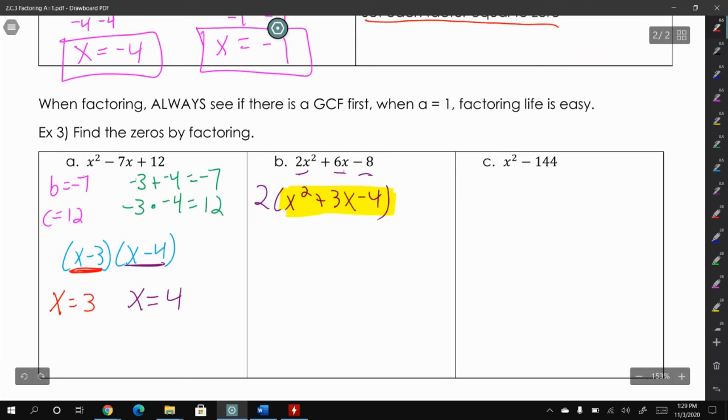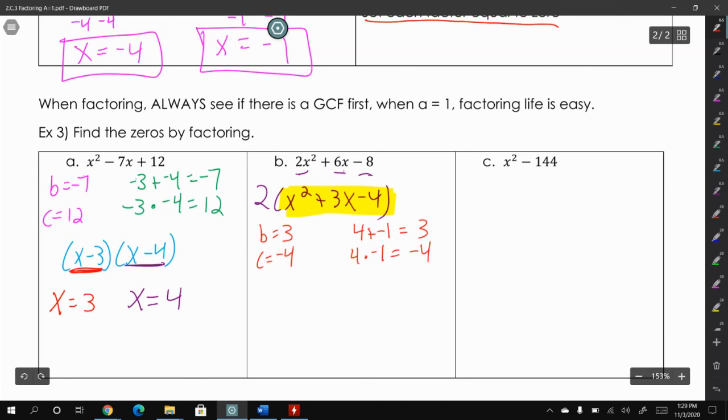So we have our b value of 3 and our c value of negative 4. So two numbers that multiply to negative 4 but add to positive 3. Well, 4 plus negative 1 is 3. 4 times negative 1 is negative 4.